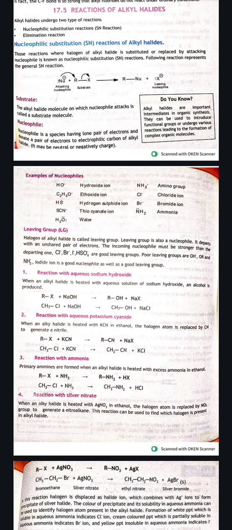Subsequently, the leaving group, which is halogen, leaves the alkyl halide molecule, giving R-Nu and X negative, which is a leaving nucleophile.